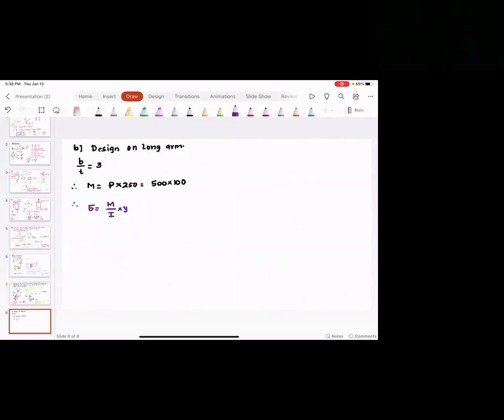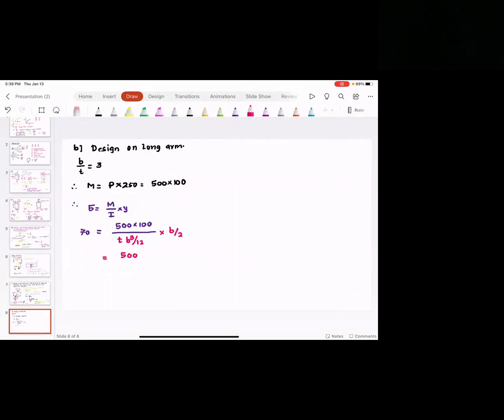So I'm going to use the same equation. Sigma B is 500 times 100 divided by I, which is T B cube by 12, multiplied by B by 2.